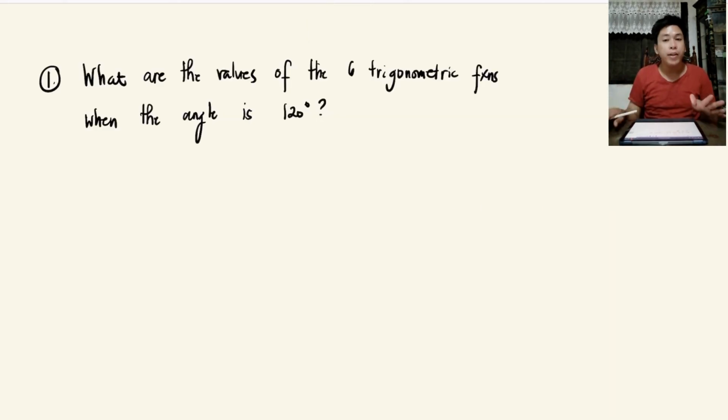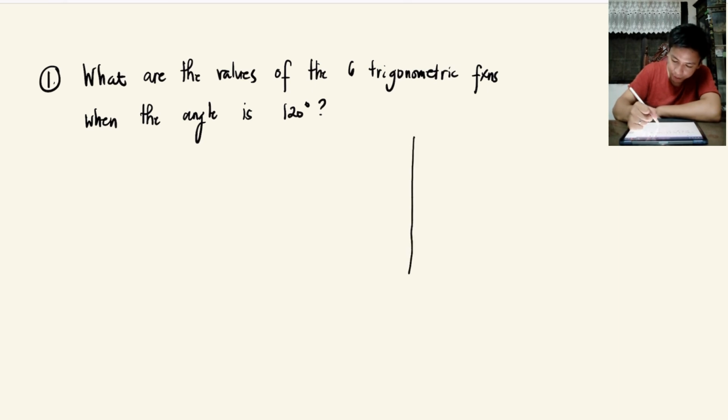Okay, now, we will solve an example here. What are the values of the 6 trigonometric functions when the angle is 120 degrees? Now, the first question that we have to evaluate is, can we use the theorem, the special angle case? Well, if you double check that on the figure, this is our 90 degrees. This is 0 here. This is 180.